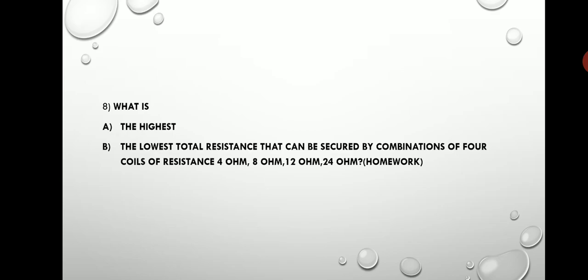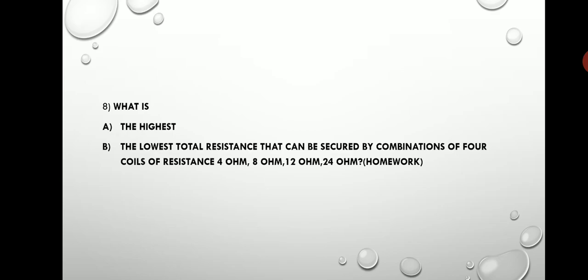Here is another question. What is the highest and lowest total resistance that can be secured by a combination of 4 coils of resistance 4 ohm, 8 ohm, 12 ohm, 24 ohm? In which case will you get the highest effective resistance?